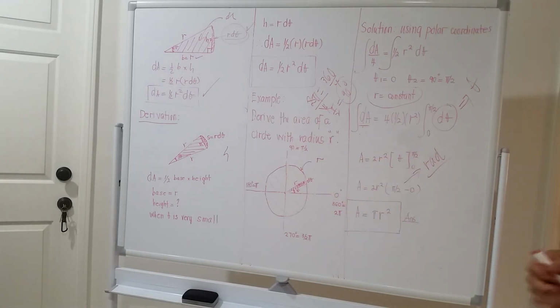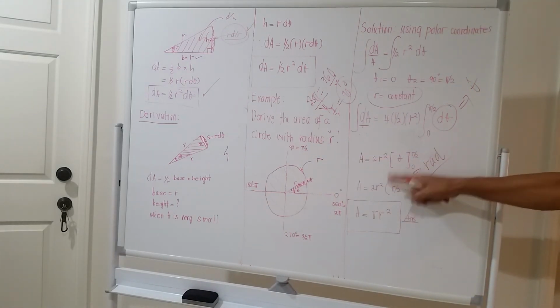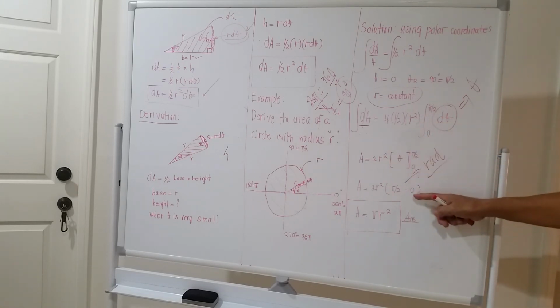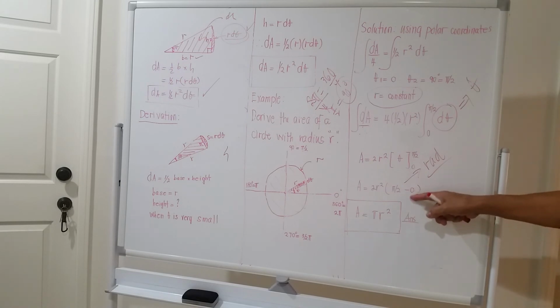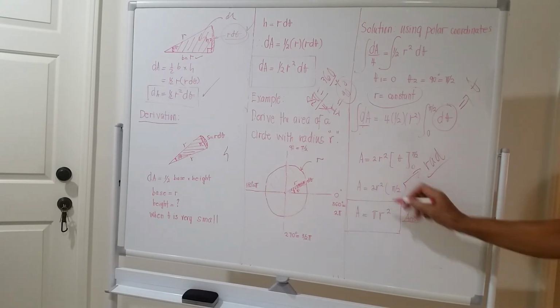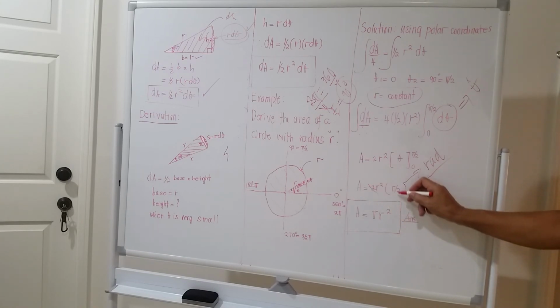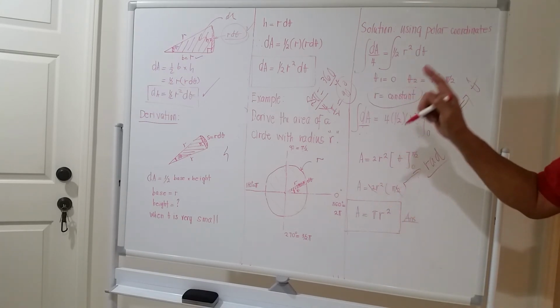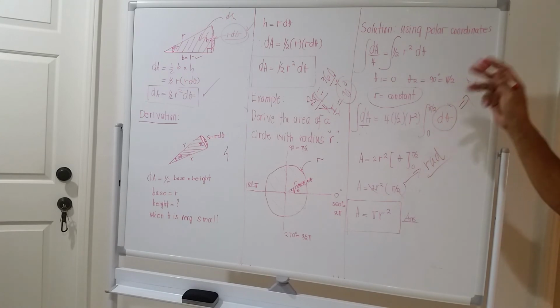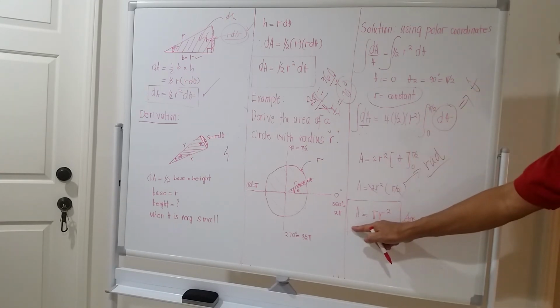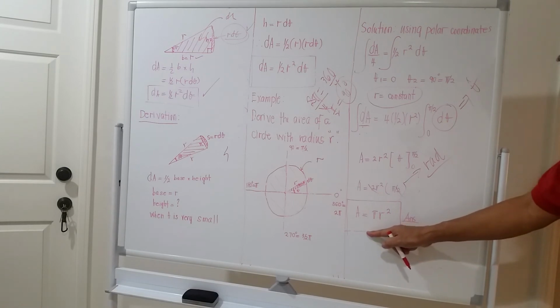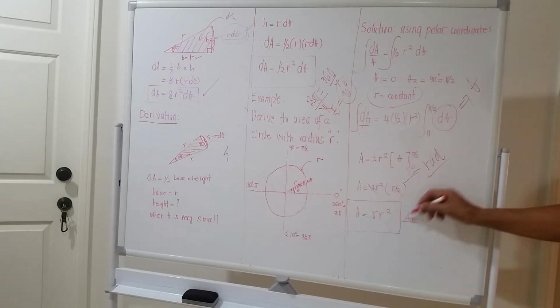So pi over 2 as upper limit, minus the lower limit, 0 degrees, also 0 radians, so this is minus 0, or simply times pi over 2. These 2 cancel. So the general equation for the area of a circle in terms of radius is: area of a circle is pi times the square of the radius, square units.